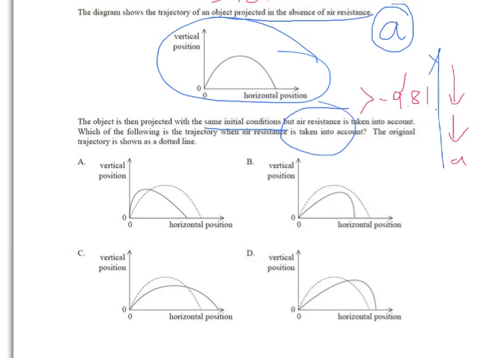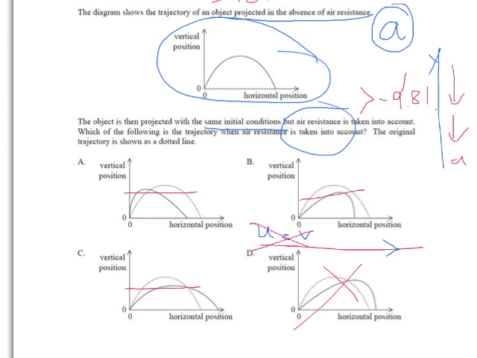So let's have a look at the options. This one is a possibility. This is definitely not going to be a possibility. But these three definitely are options. So now let's have a look at what's going on horizontally. Very typically of projectile motion, where the initial equals the final velocity, well, that would definitely not be the case anymore.